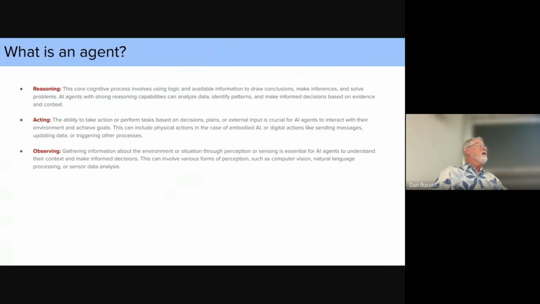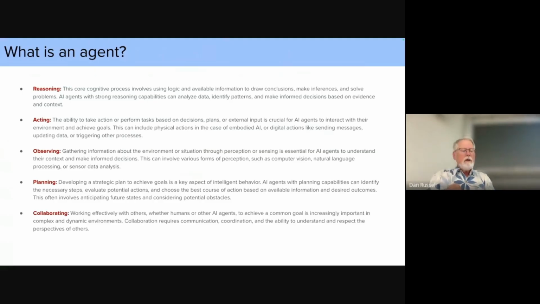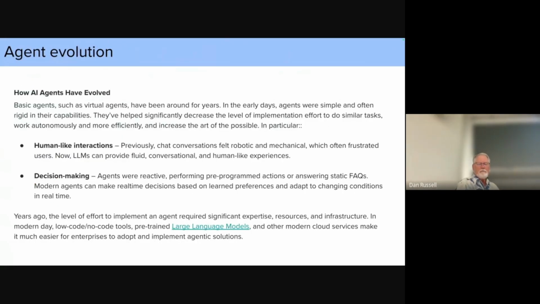It may have its own optical character recognition, natural language, speech recognition, and so on. It has to plan, because if you're going to do something, it may involve multiple steps. You have to create a sequence. It may have to collaborate with other agents, and it can get better over time. So this is kind of the next step of AI tools, is the agent that could do all of that.